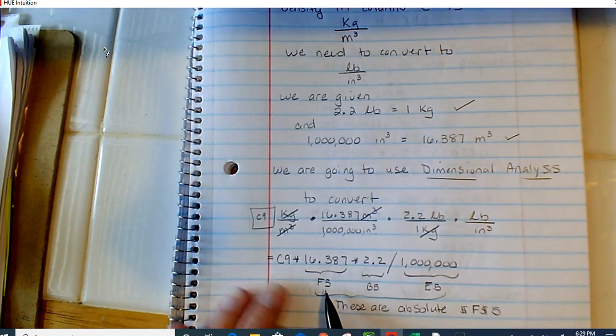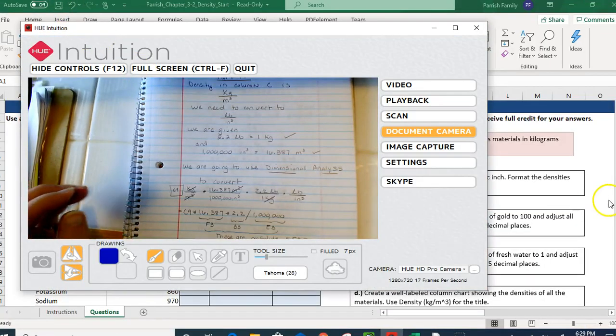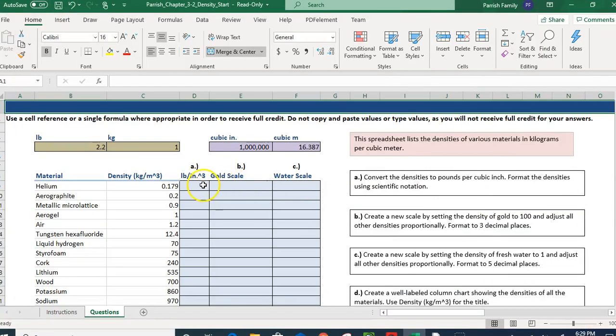Let's go back to the spreadsheet and look at it for a second. C9 is helium. The 16.387 is in F5. The 2.2 is in B5.